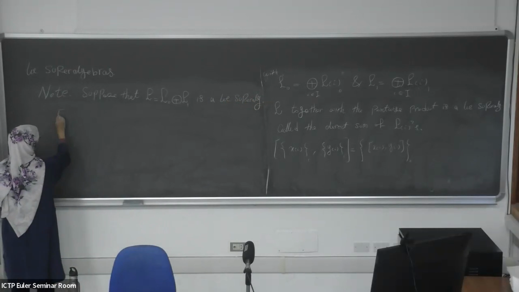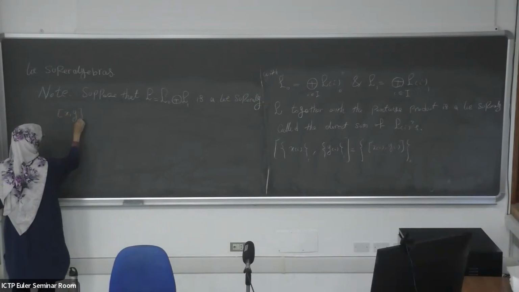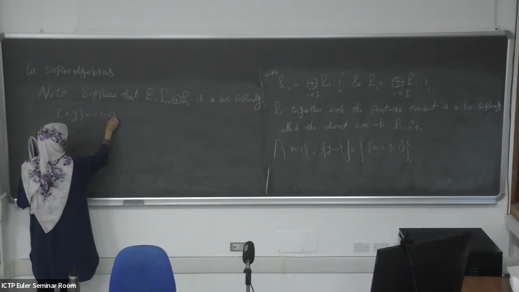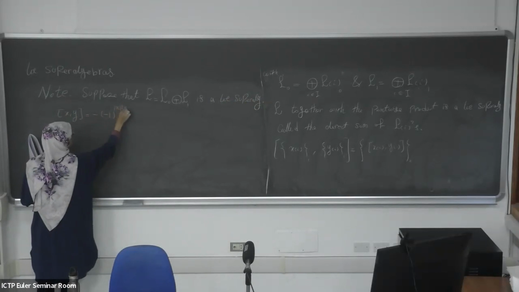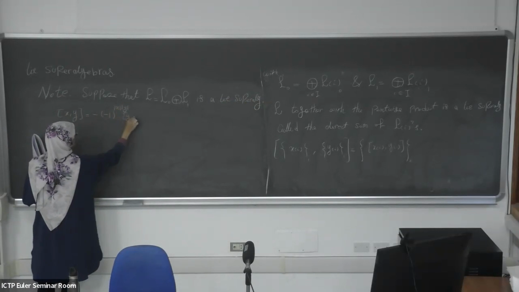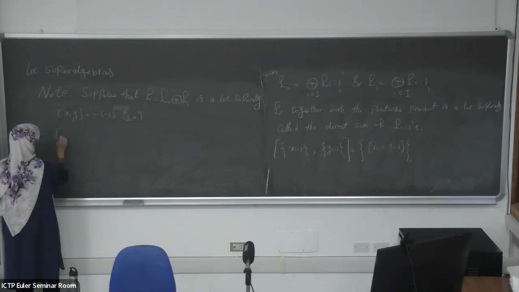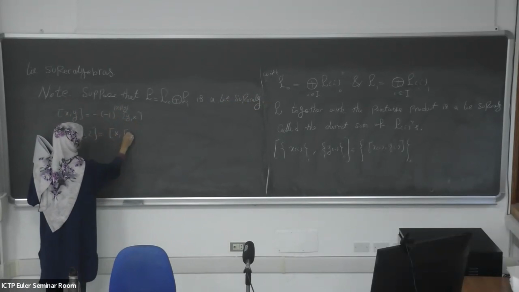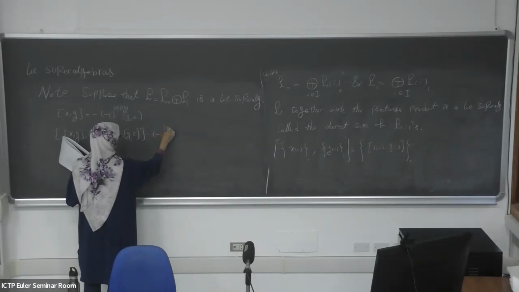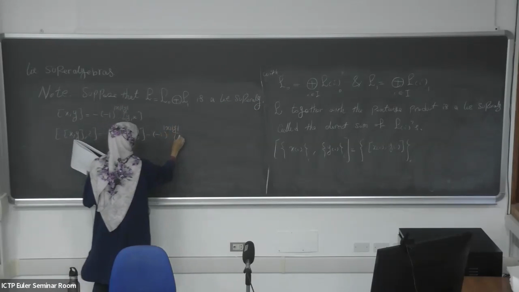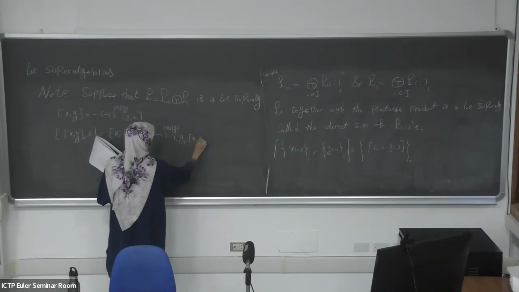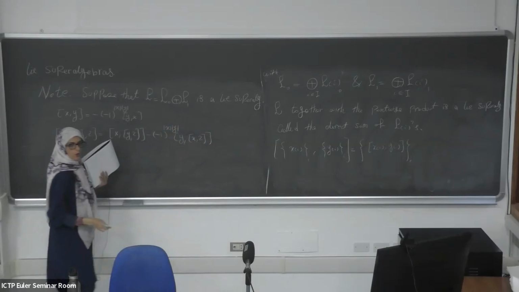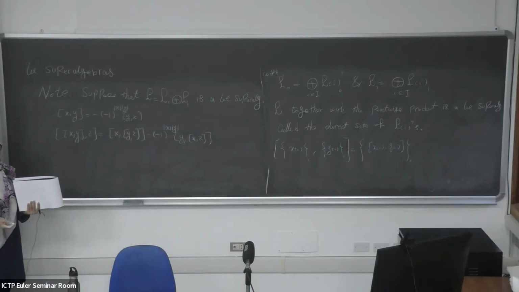So what we have: the bracket of x, y equals minus 1 to the degree x degree y times the bracket of y, x, and we have the bracket of x with the bracket of y, z equals the bracket of the bracket of x, y with z, minus the same with y and x swapped, when x, y are homogeneous and z is an element.